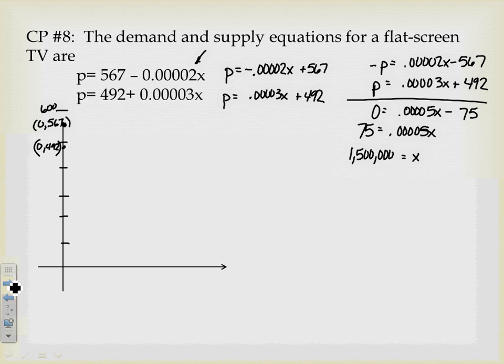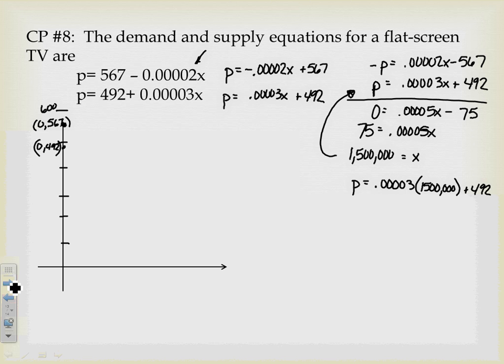Okay, now we can use that to find our y, so we can find the point where these two lines would intersect. I shouldn't say solve for y. In this case, it's going to be solving for p. I'm going to put this into that one. So p is equal to 0.00003 times x plus 492.